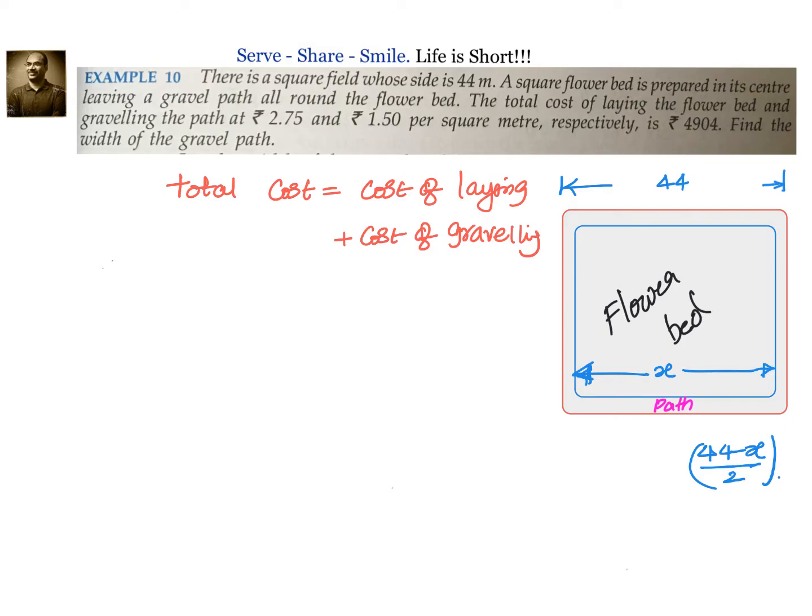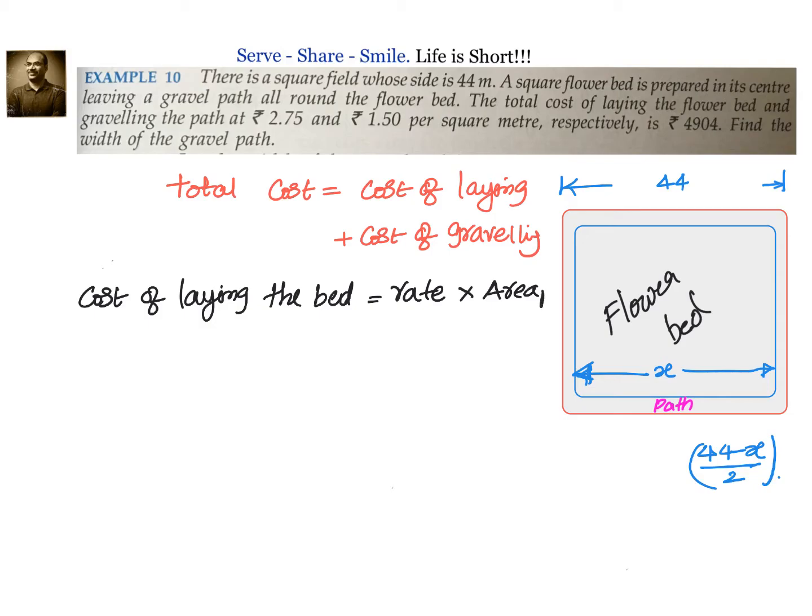Now what is cost of laying? Let us understand that. Cost of laying the flower bed is rate into area. Let us say area 1, the area related to that.